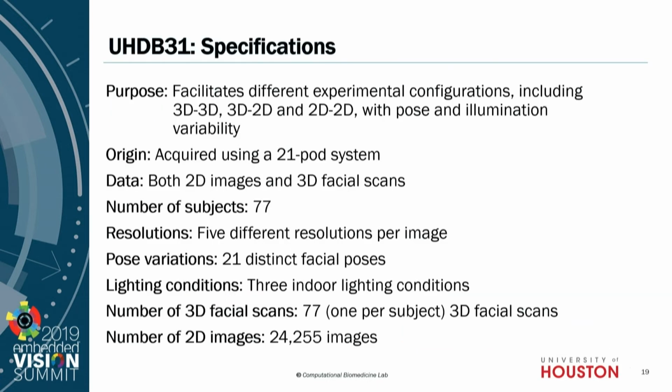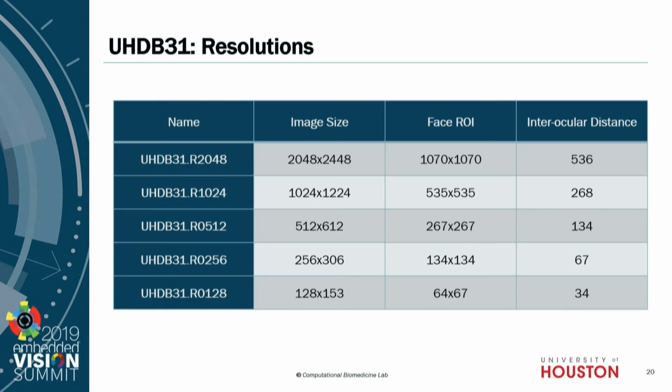You can see here that we have about 24,000 data sets from 77 subjects, and we have looked at the issues also of the different resolution, because that's another consideration that you should take into consideration when you develop the evaluation matrix.